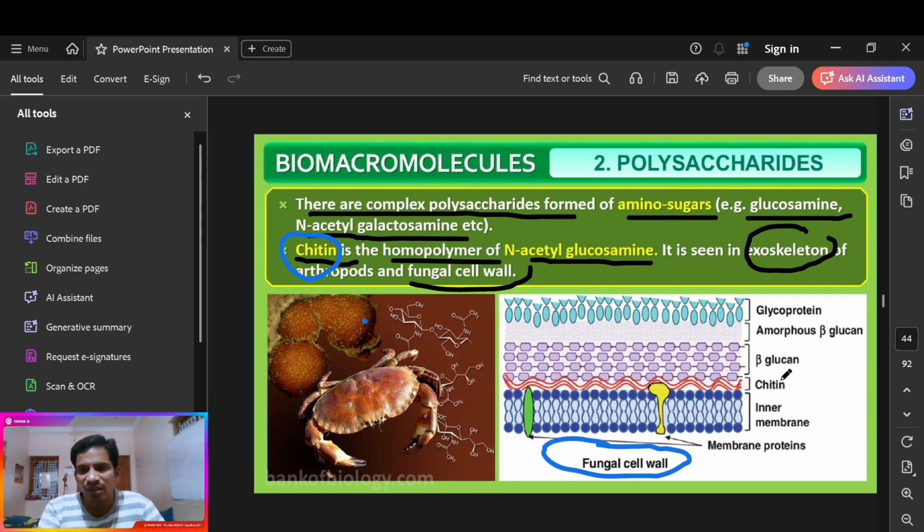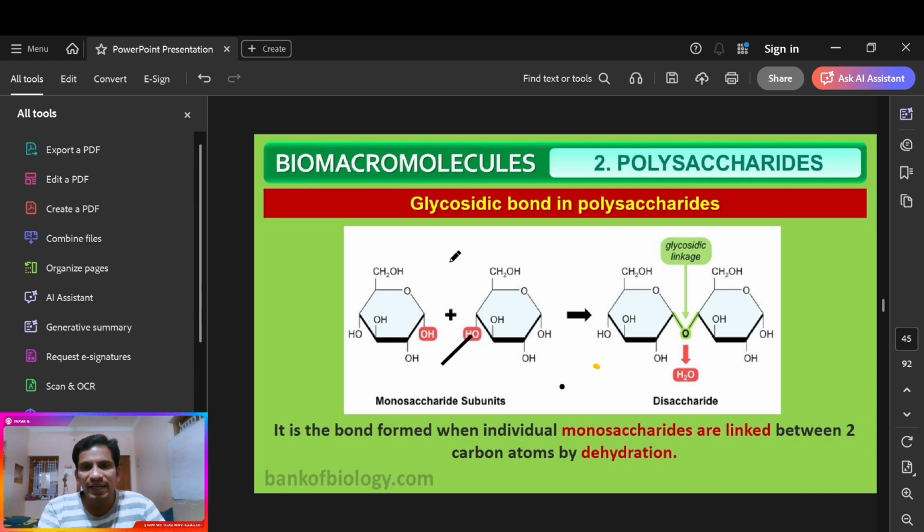Next, what is the glycosidic bond in polysaccharides? Polysaccharides have glycosidic bonds. Here is the monosaccharide subunit, and here is the disaccharide. Between these two monosaccharide subunits there is a bond, which we call a glycosidic bond. It is the bond formed when individual monosaccharides are linked between two carbon atoms by dehydration.